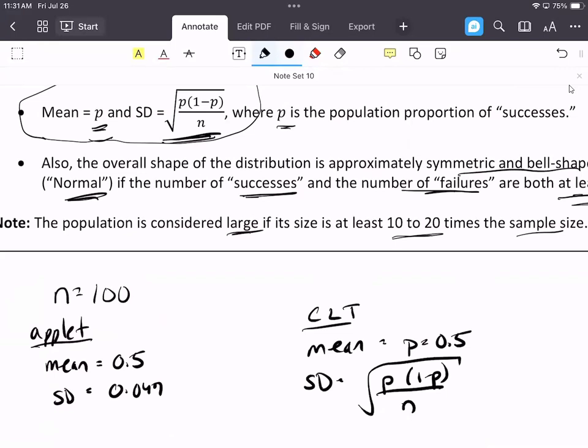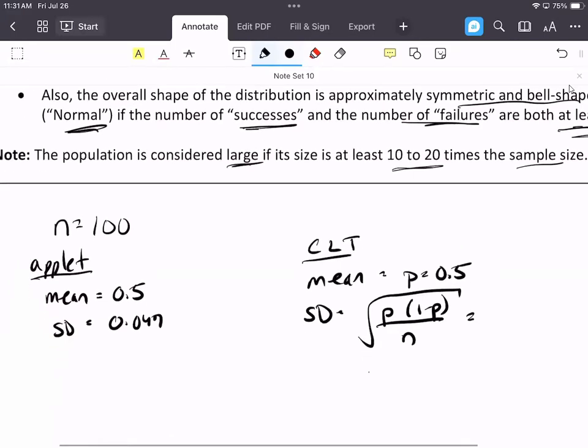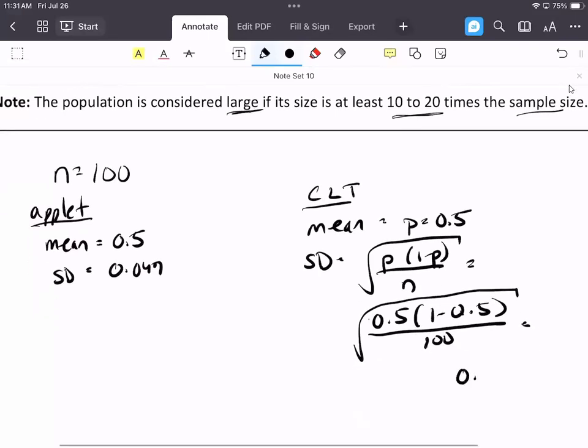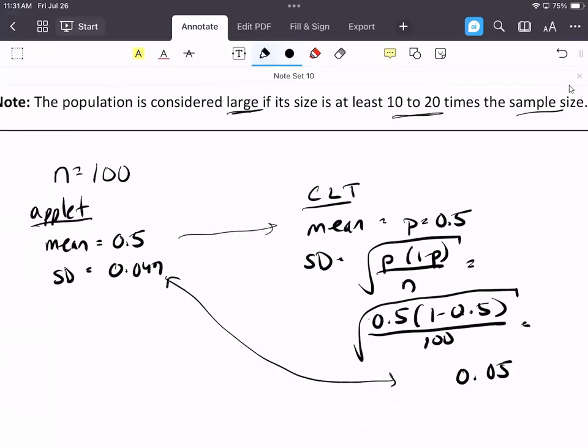So we've got 0.5 times 1 minus 0.5 all over n, and n in this case is 100. Take the square root, and we get 0.05. Are these two close? Yeah, they're pretty close. Are these two close? Yeah, they actually happen to be identical.